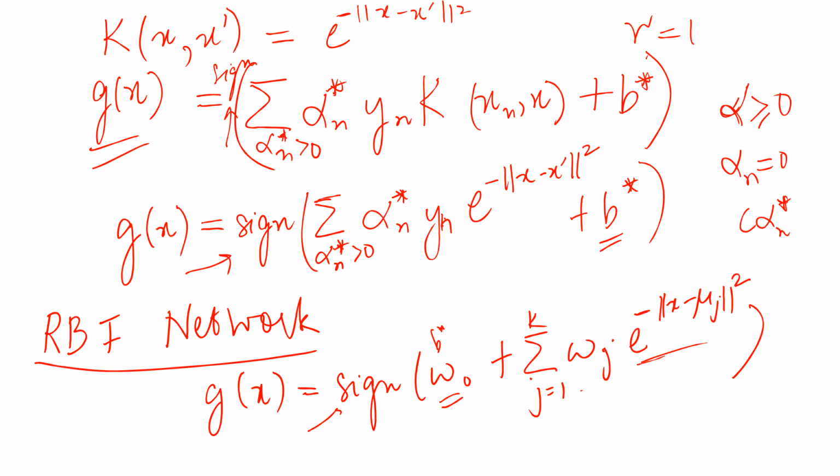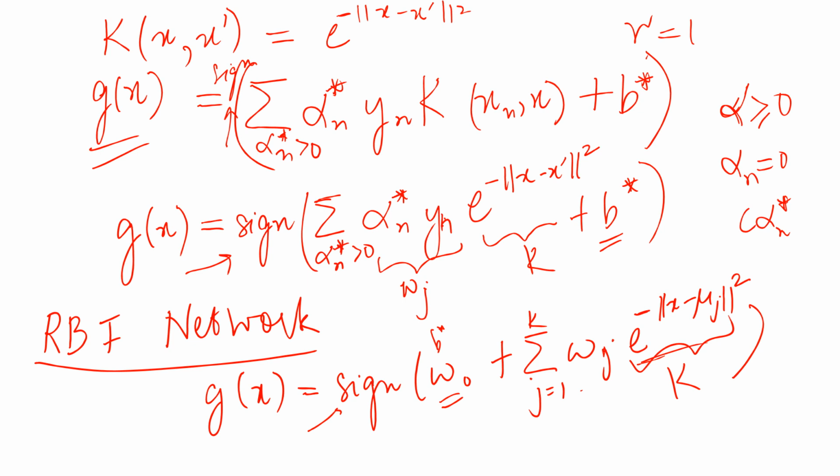When we go back to the optimal hyperplane problem, this is actually the weights. I'm not saying that this is WJ, but it can be thought of as somewhat analogous to my WJs, because this is also in some ways calculating the weight, right? And this one here is similar to my k, because this is k and this is k, except that instead of this x prime, I have these mu j's, right?